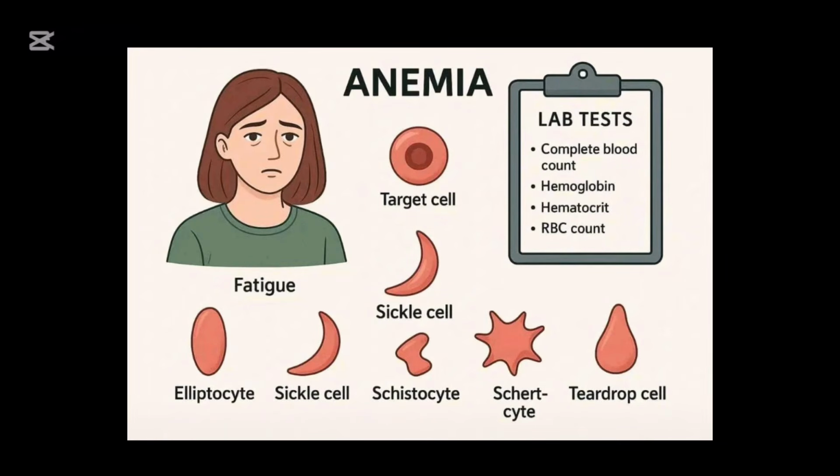Morphology of RBCs: microcytic, hypochromic, that is iron deficiency; macrocytic, megaloblastic; spherocyte, schistocyte, hemolysis; target cell, that's thalassemia; hypersegmented neutrophils, B12/folate deficiency.